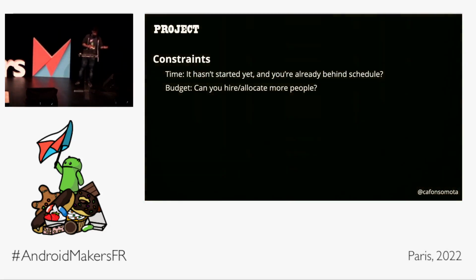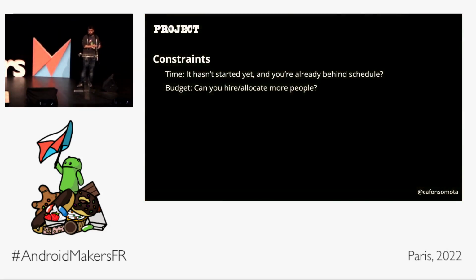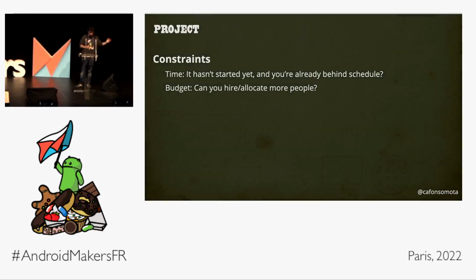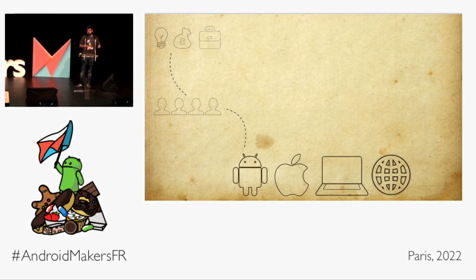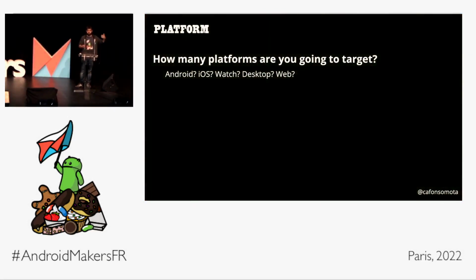Talking about the project, the budget: can you hire more people along the way? Or, for instance, you're starting the project and it's already delayed, so perhaps you cannot try a new framework. And as I was mentioning, the targets that you're going to build. Are you going to build an application for Android only, iOS, web, desktop, you name it?